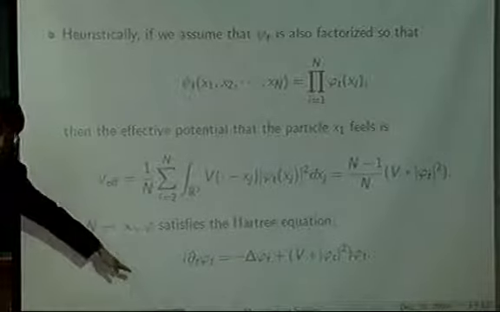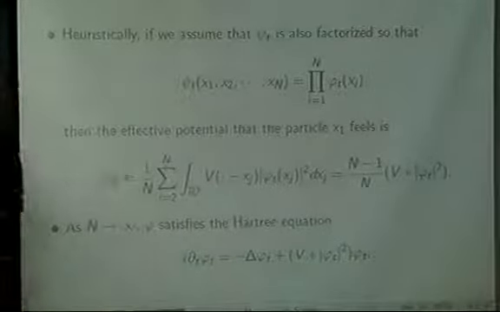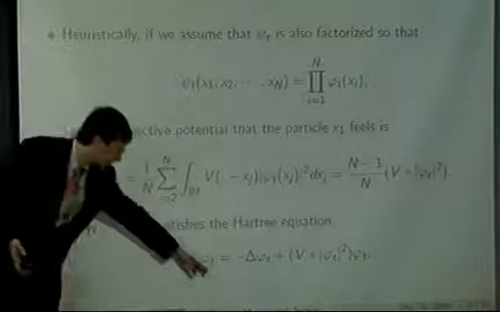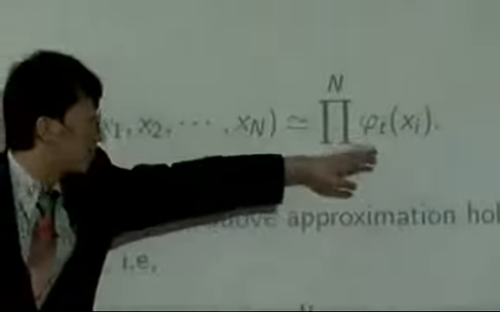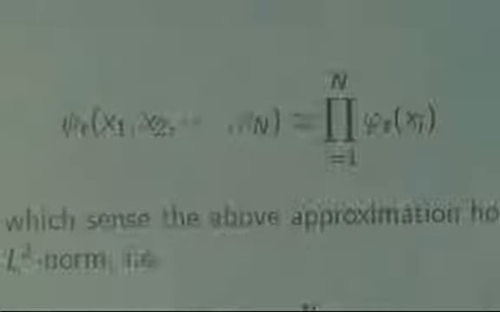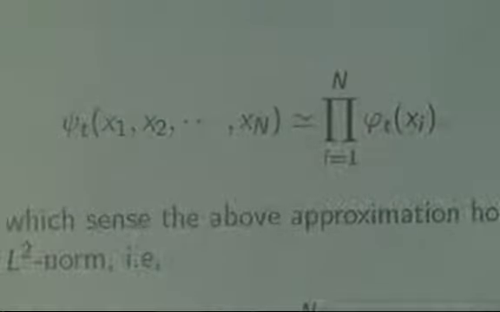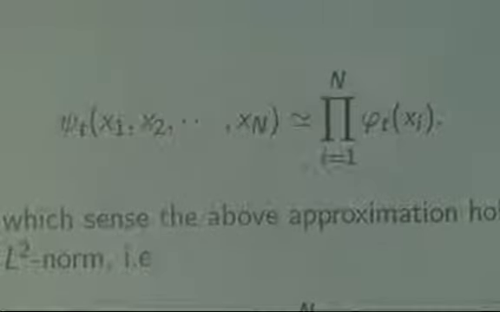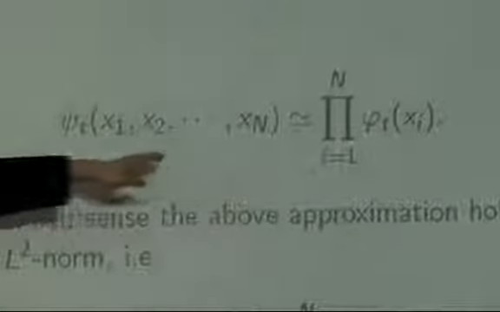Then this is almost true, so this phi t should be the answer. So our goal is to prove that this psi t is very close to this product. The goal of mathematical physics is to give a mathematical meaning and make a mathematical proof of this equation.